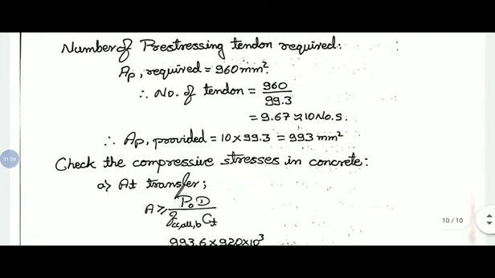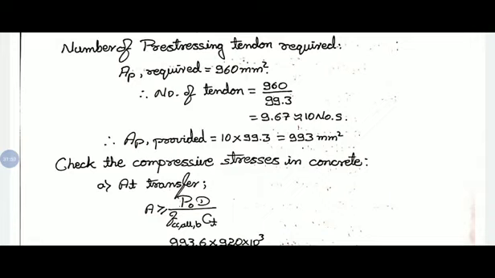So AP provided, 10 into 99.3, we have provided 993 mm square. Required is 960 mm square and provided is 993 mm square. So this satisfies the requirements of pre-stressing steel or tendons. So the tendons portion is over.